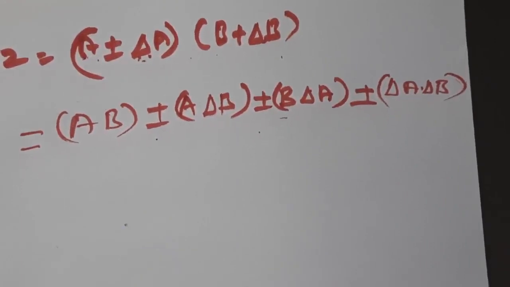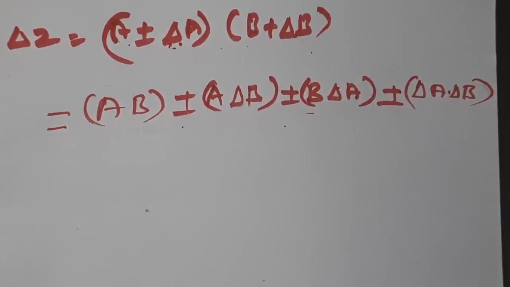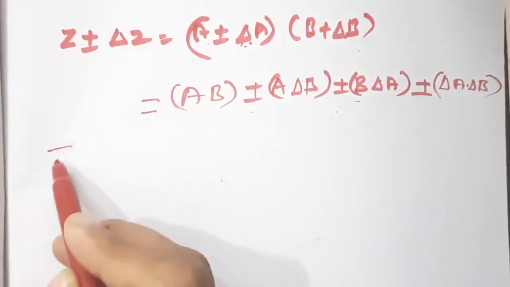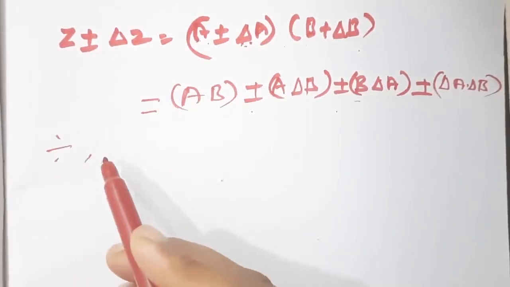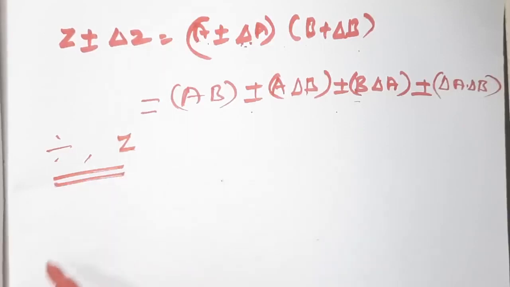Understand? Here now we are doing some simplification, that is dividing both the sides by Z. Dividing left hand side and right hand side by Z or AB. So what we will be getting?